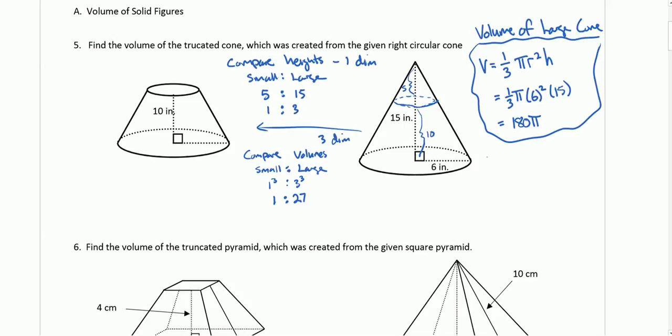So we can quickly get the volume of the smaller cone by taking the volume of the larger cone. I'll put V with a little s for volume of the smaller cone, is the volume of the larger cone, 180 pi, divided by 27, because it's 27 times smaller.